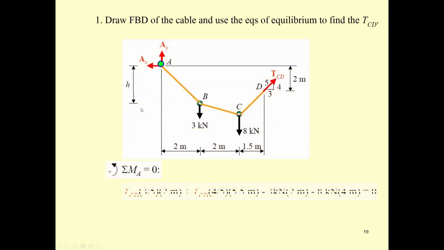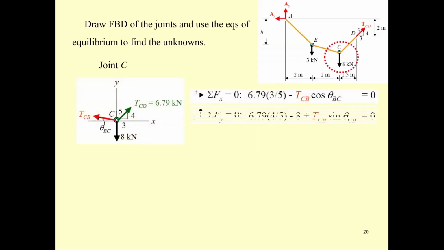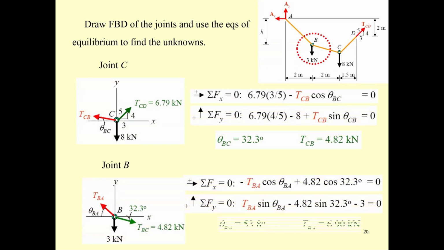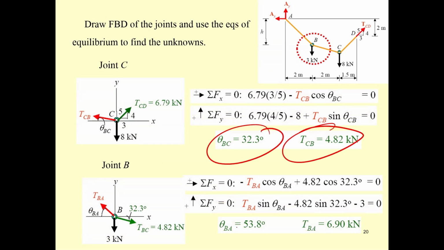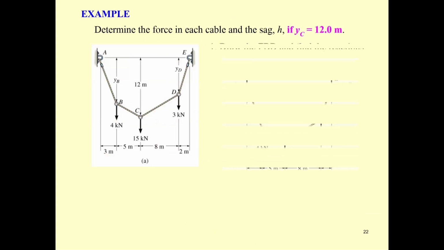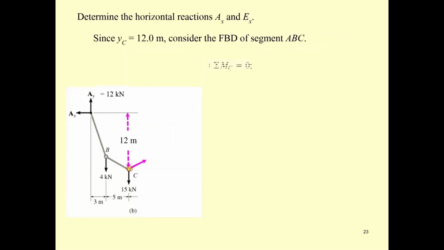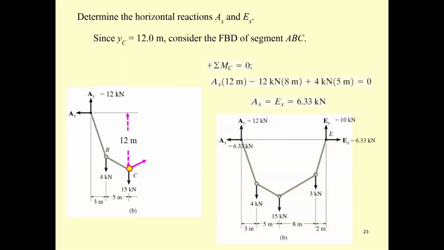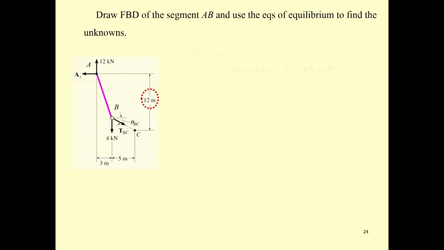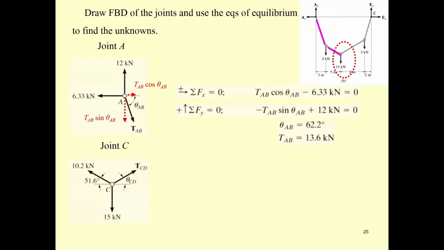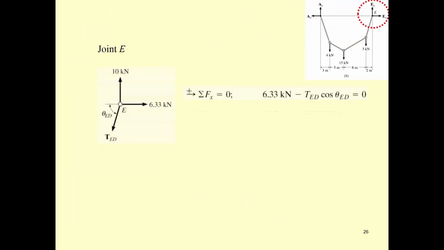Do the calculation, and then you can go through all of this by yourself, solving for the slope and the tension in the cable, following the example over here. I will assign you to read it by yourself, or you can go to my video clips. For our study, you may study it by yourself.